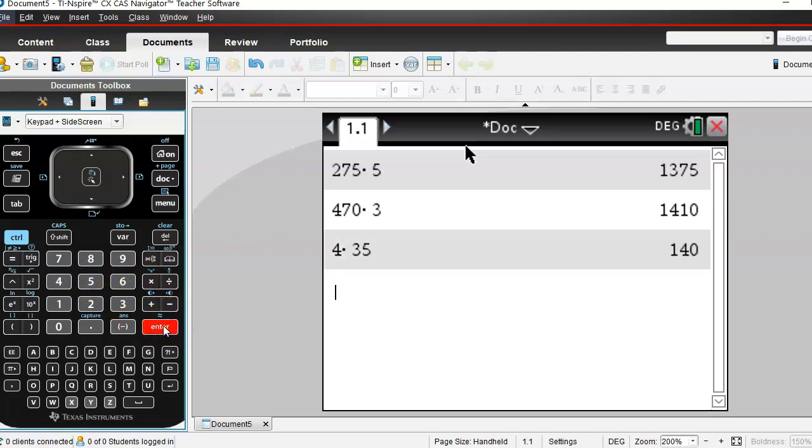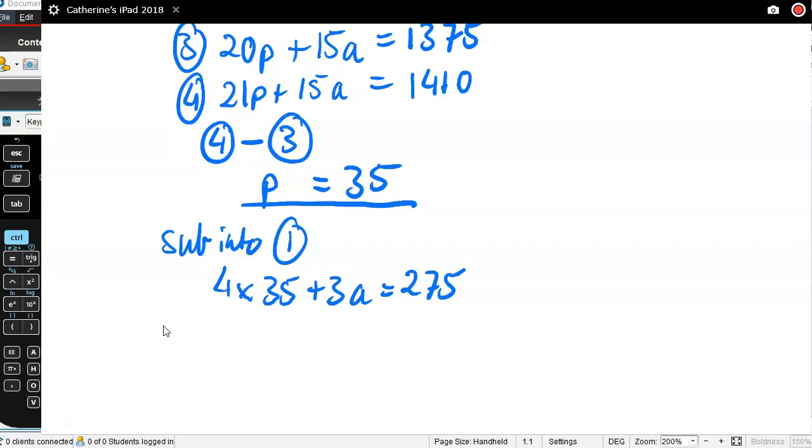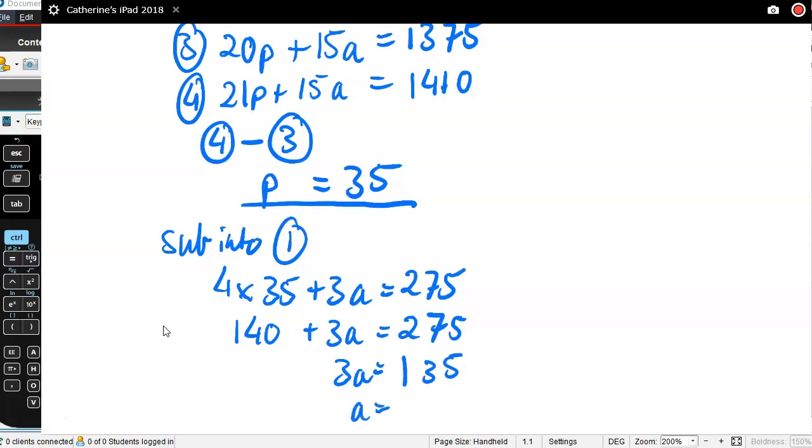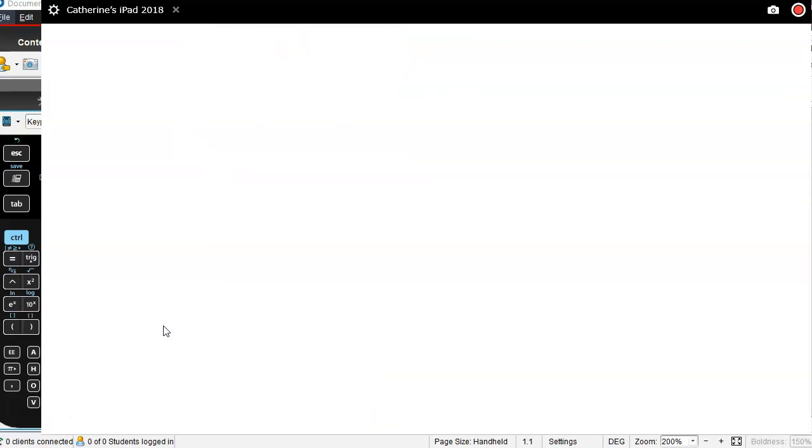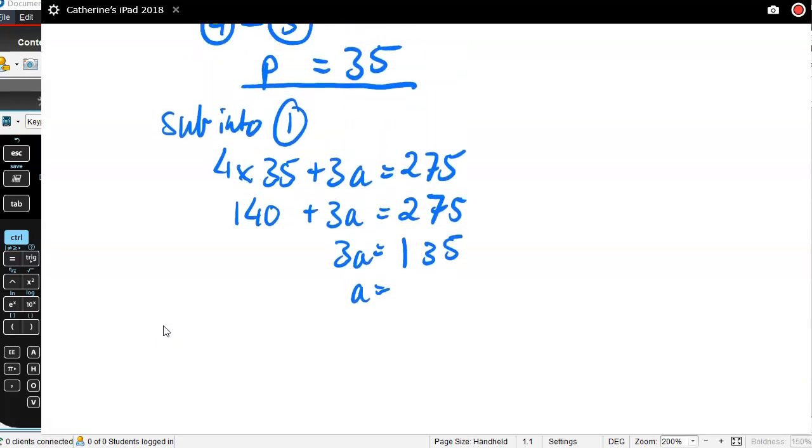There we go, 140. 140 plus 3a equals 275. So 3a equals 275 take away 140, 135. So 135 divided by 3, there it is, 45.